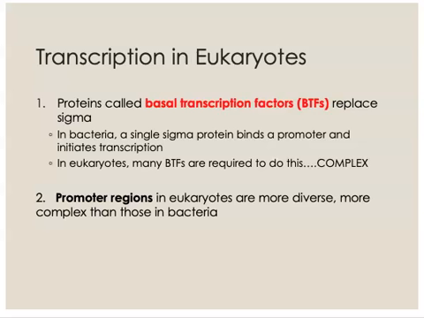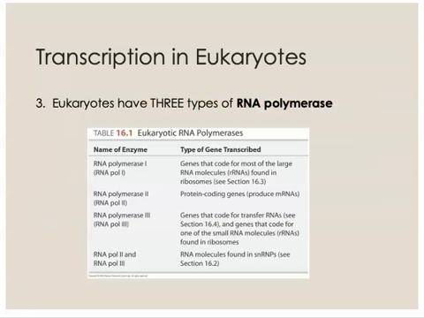So you see an array of different promoters in different genes in eukaryotic cells. Something else to know about transcription in eukaryotes is that eukaryotes have 3 different types of RNA polymerase. Prokaryotes have only 1 RNA polymerase.